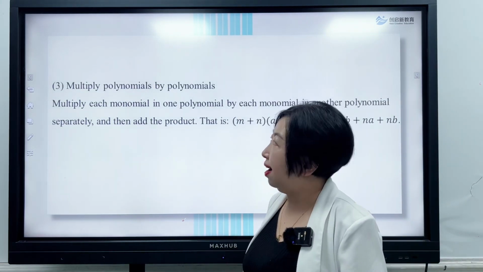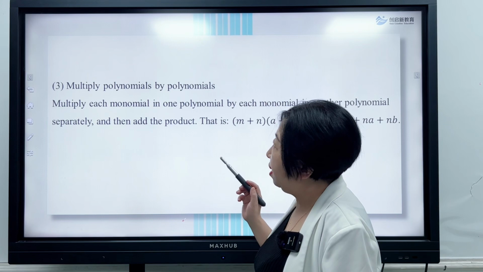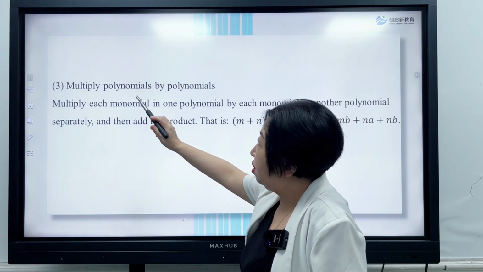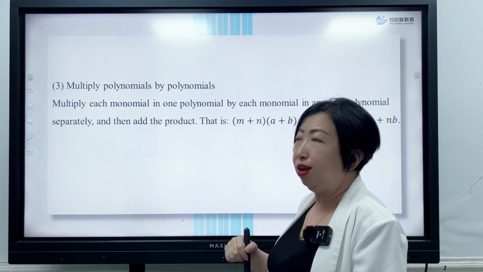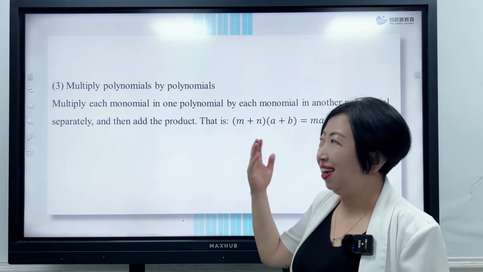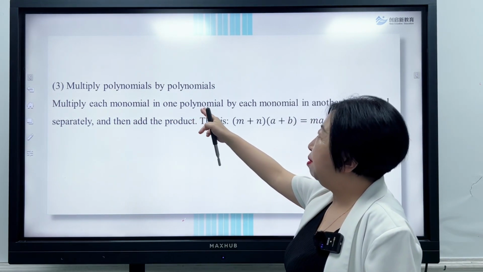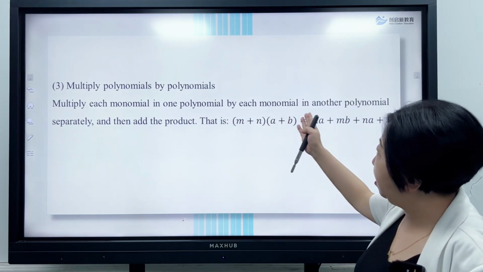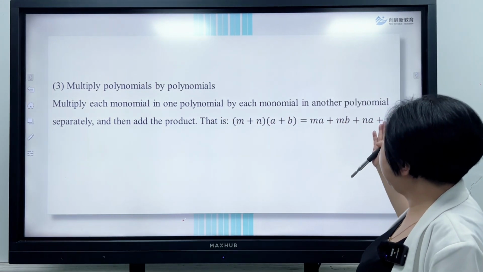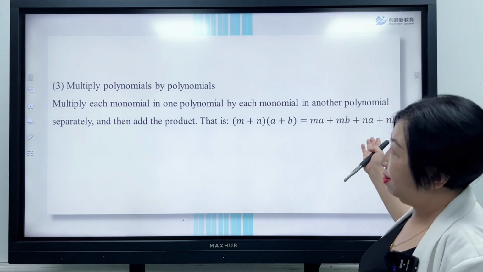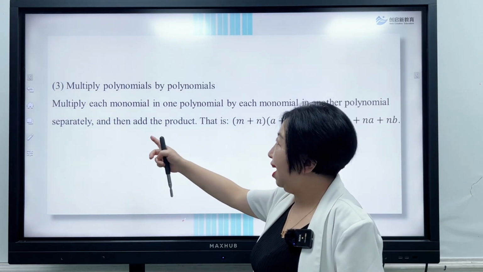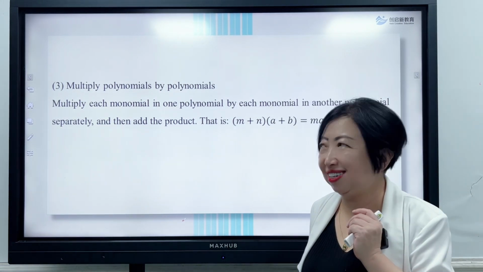The third part, multiply a polynomial by a polynomial. Multiply each monomial in one polynomial by each monomial in the other polynomial separately and then add the products.